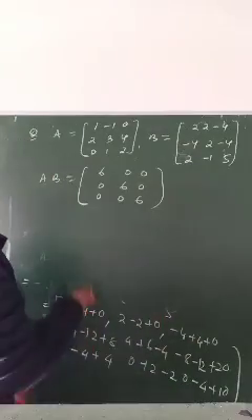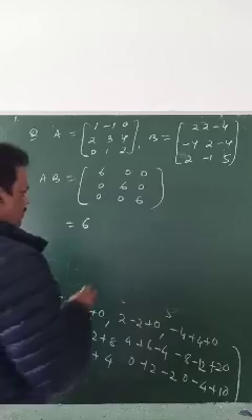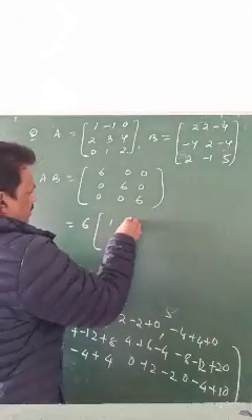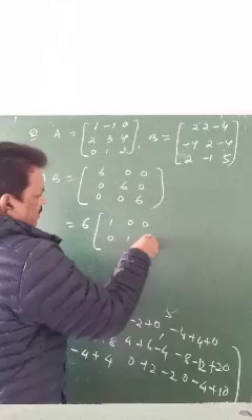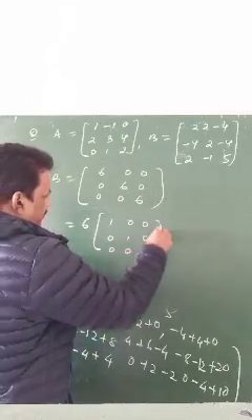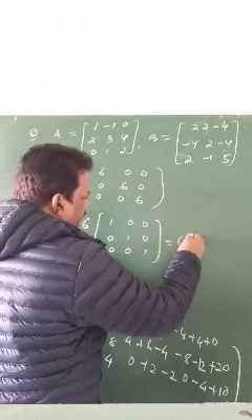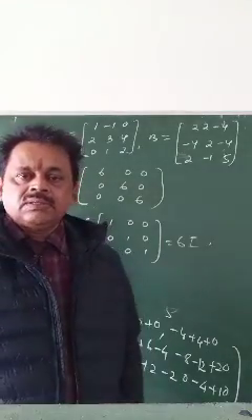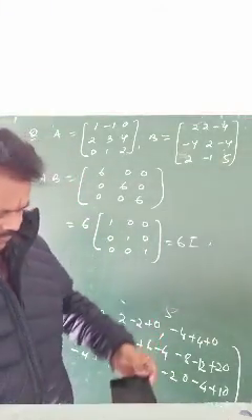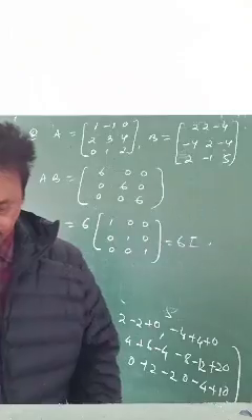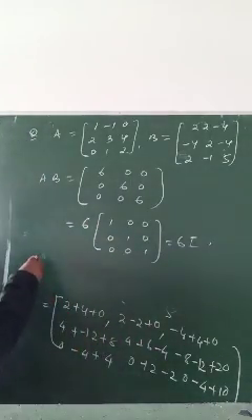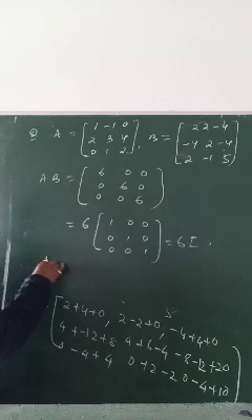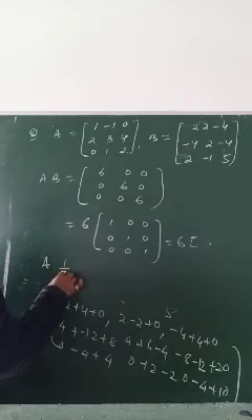If I take 6 common, this is 1 0 0, 0 1 0, 0 0 1. That means 6I. AB equals 6I.